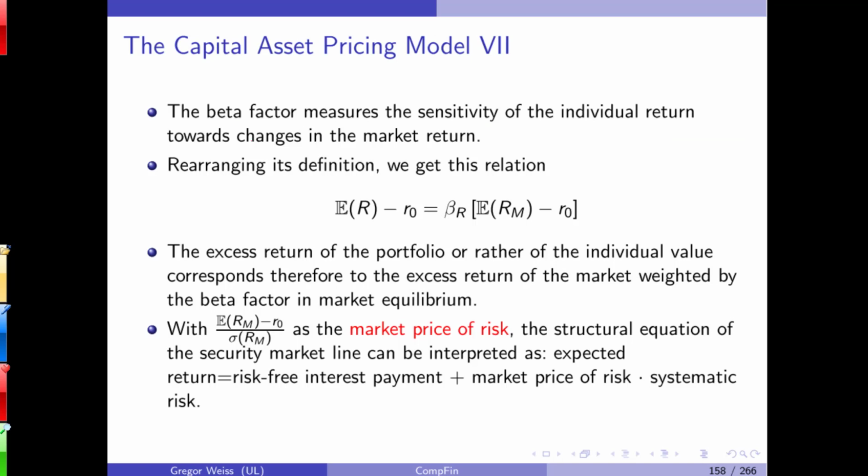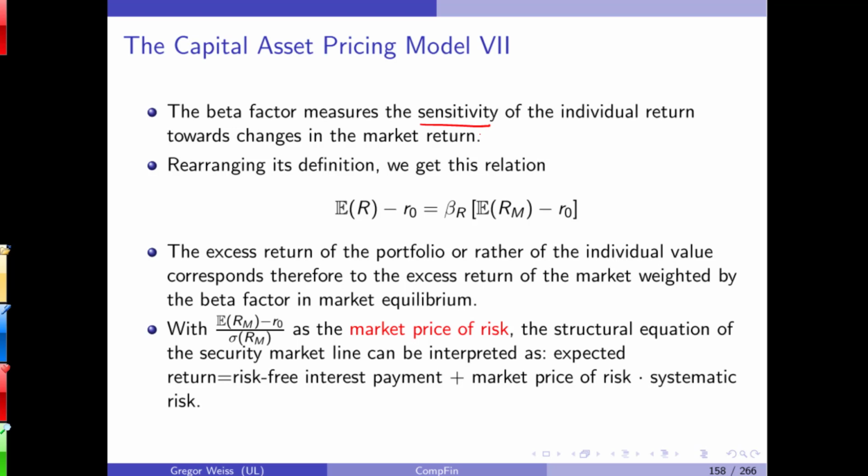We've seen the beta factor. You probably know that it measures the sensitivity of the individual return towards changes in the market return. If we rearrange it a little bit, you get this. Expected return minus risk-free rate equals beta factor times the excess return on the market portfolio.